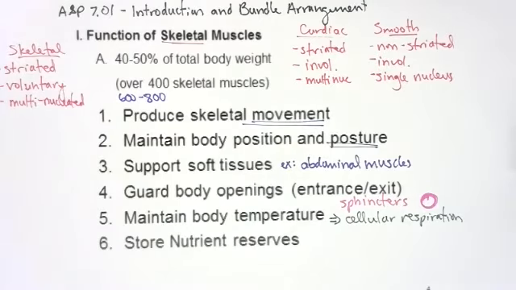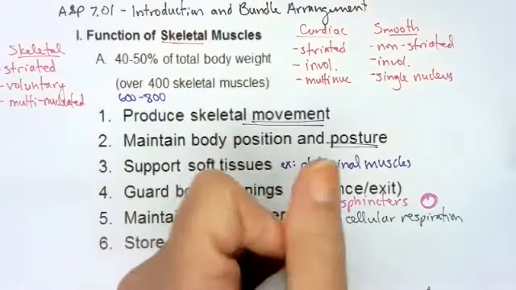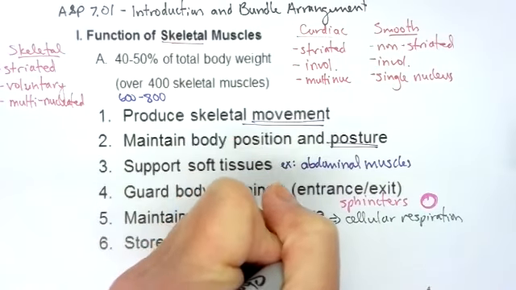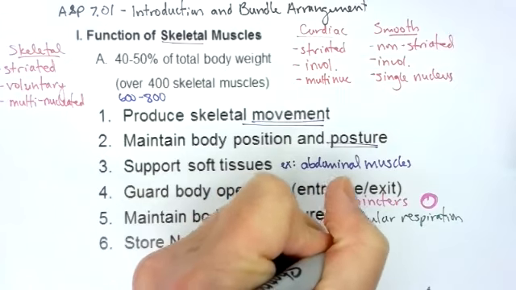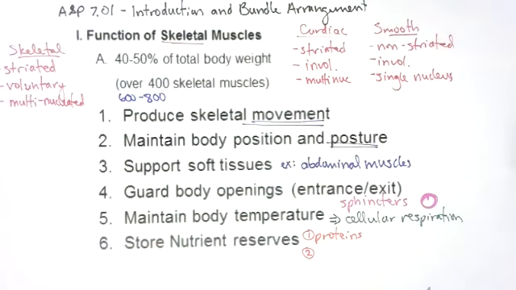And then storing your nutrient reserves. Well, what's the main nutrient that we have in muscles? By themselves, they're made of protein. Let's see, I'm going to go to orange. So the first thing that we have in muscles are proteins. That's what they're made of. And if you stop eating, anorexics will start to digest their own muscles, and they'll use it for food.